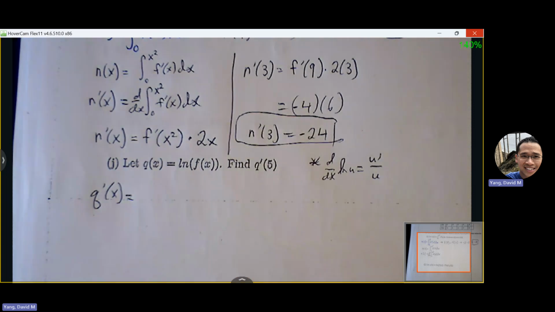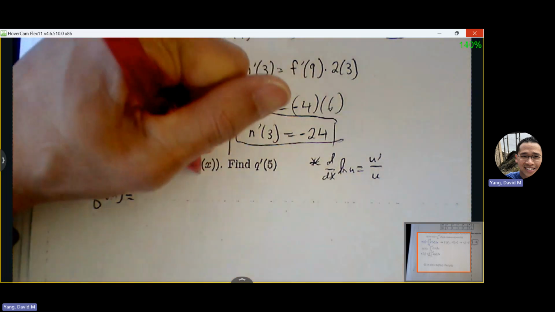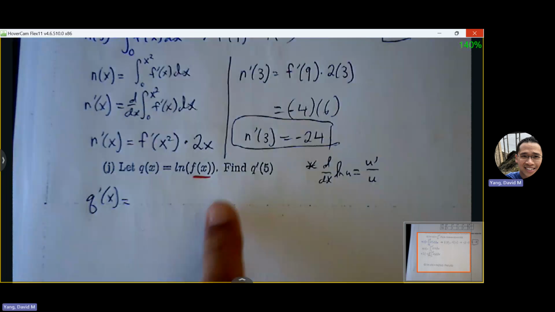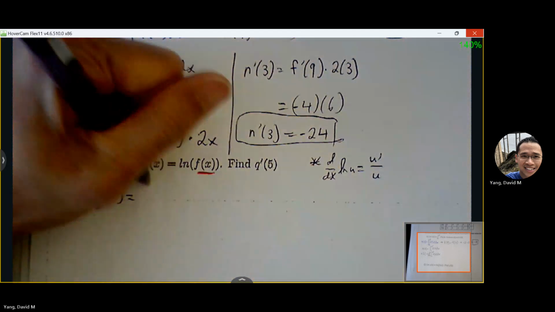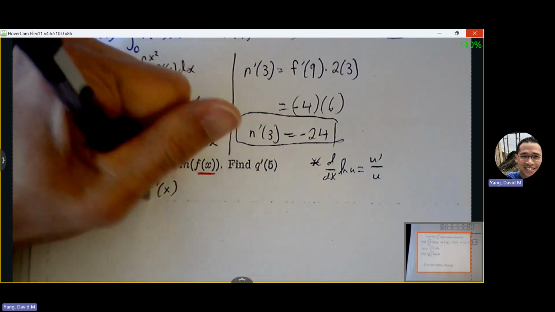Okay, so u prime over u, my u value is just that f of x stored inside natural log. So u prime over u, so it's f prime over f. It'll stay in function notation here.